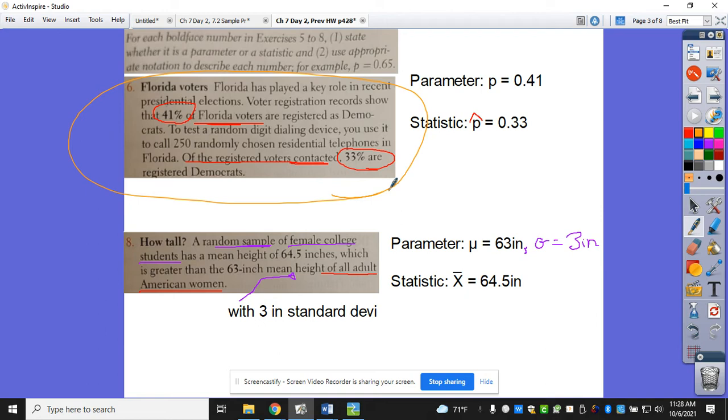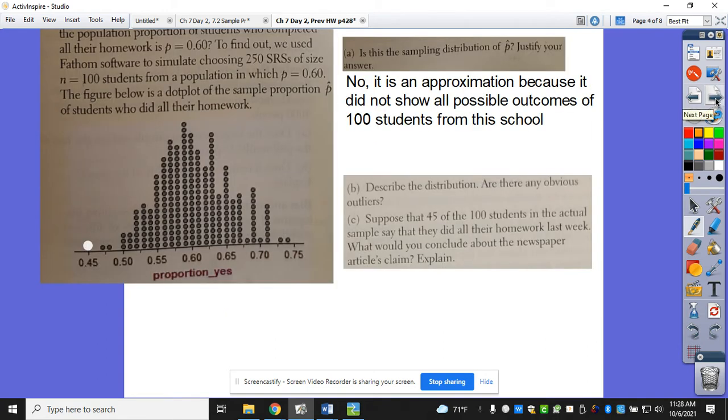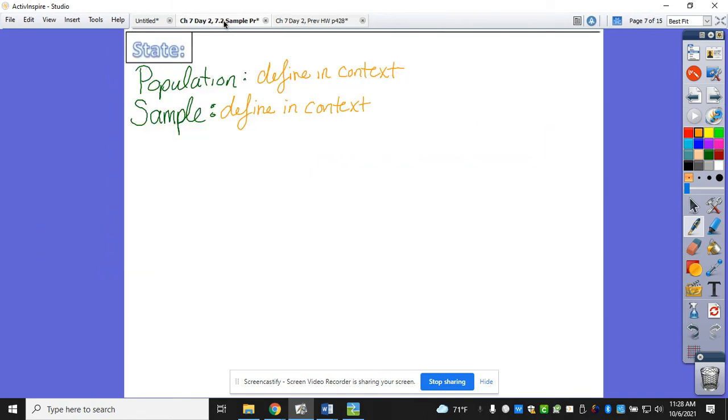The Florida registered voters that were contacted by the random digit dialing service was our sample. What else in context could I write about that problem since we're talking about proportion? We're trying to find the ones that what? The registered Democrats. So I want to write that in here, defining what I'm finding the proportion of.